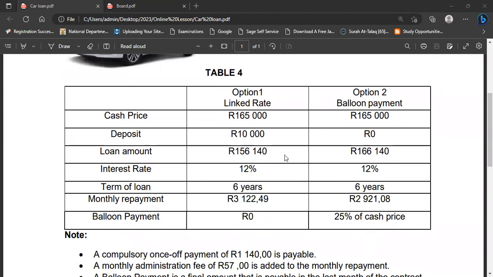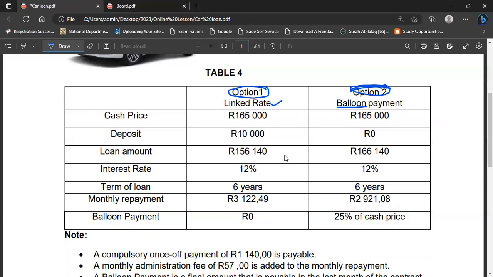All right. When you look at the following table, first and foremost, you have option 1 and you have option 2. Option 1 has no balloon. Option 2 has a balloon payment. What is the meaning of a balloon payment?